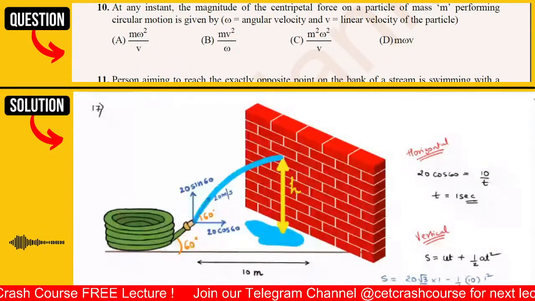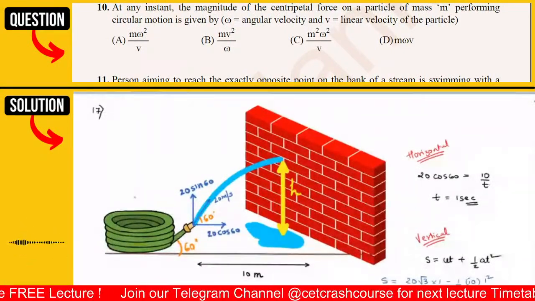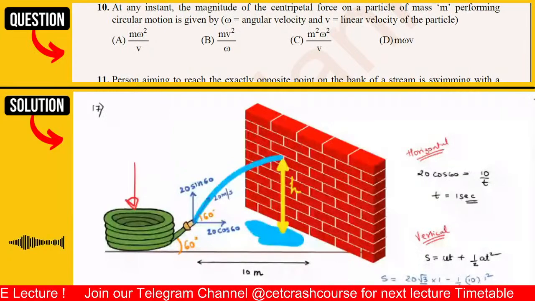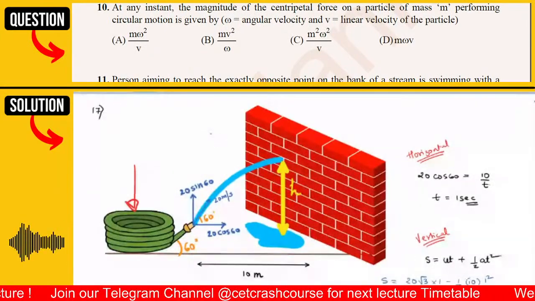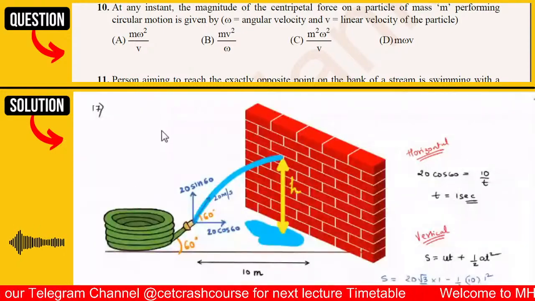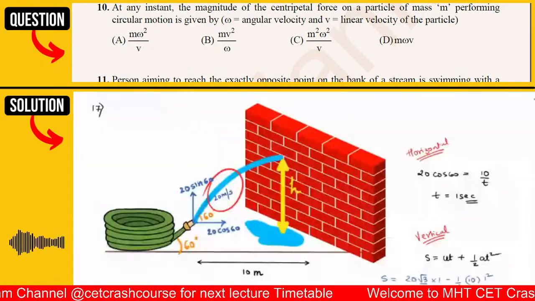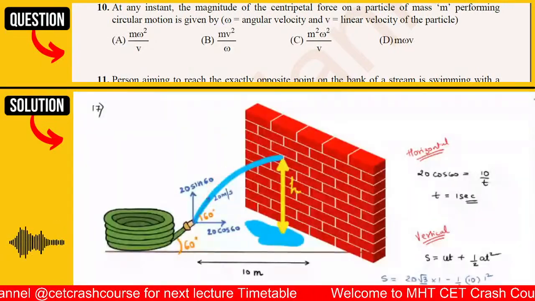So clearly, students, there is a pipe given to us. So I have drawn a pipe here. And as you can see, there is water coming out from the pipe. The speed of the water given is 20 meters per second. And the angle is 60 degrees with the horizontal.